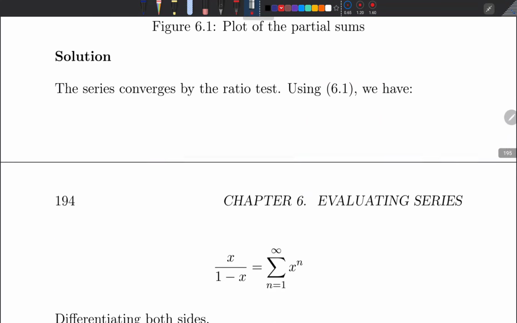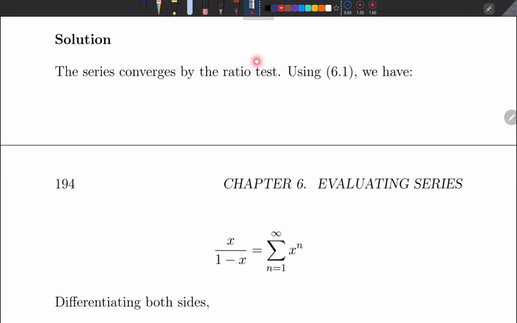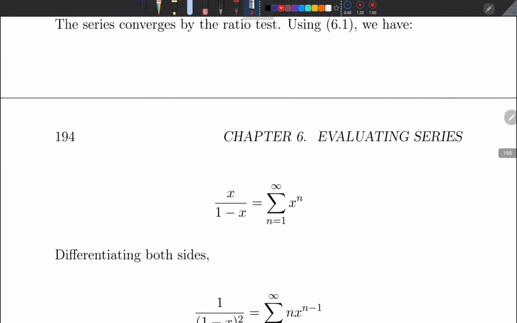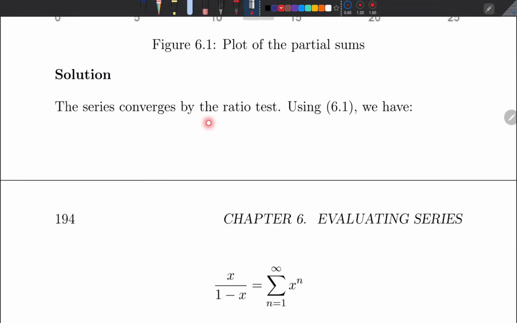Okay, so the series converges by the ratio test. In the previous chapter we had the ratio test, but I'm sorry, I need to check that once, but I don't want to check that actually. I haven't learned convergence a lot, but I will learn, and it doesn't mean that whatever I do is a waste.